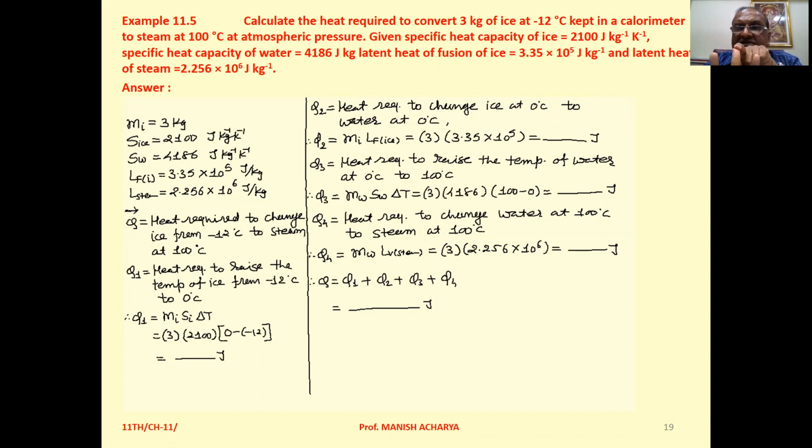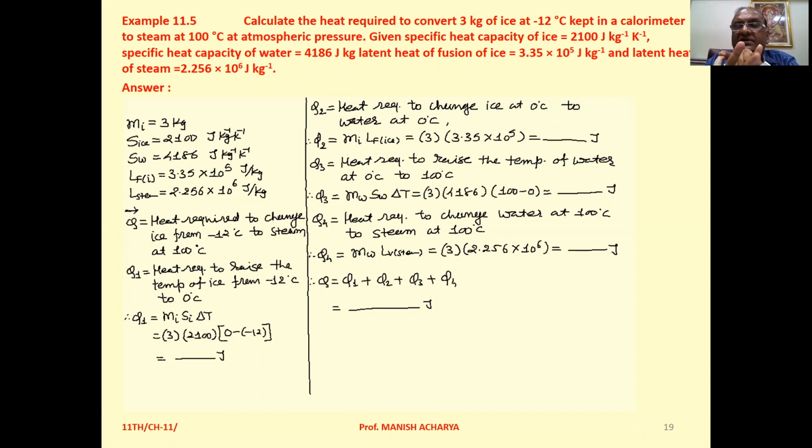Then second stage, the amount of heat absorbed by ice will be utilized for melting. So now ice will melt from 0 degrees Celsius to water at 0 degrees Celsius. Then after, the temperature of water at 0 degrees Celsius will increase up to 100 degrees Celsius.